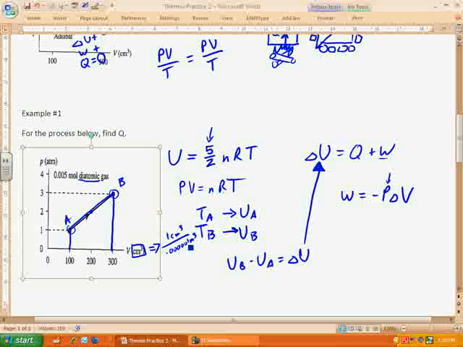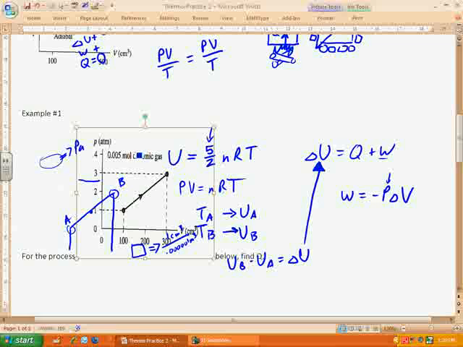You can do that as well. And then you also need to turn the atmospheres into pascals. Alright, so that would be 1 atmosphere is approximately equal to 100,000 pascals.